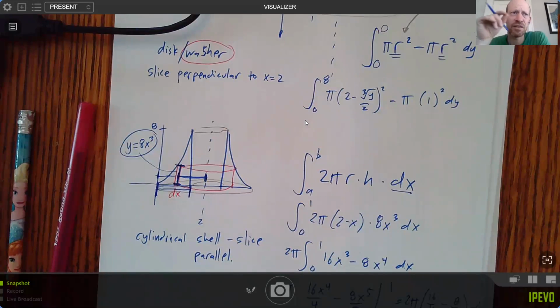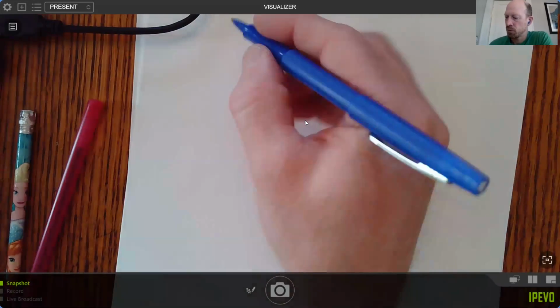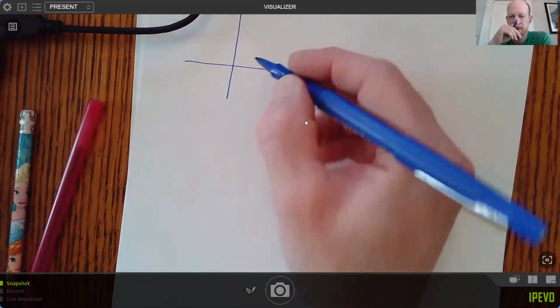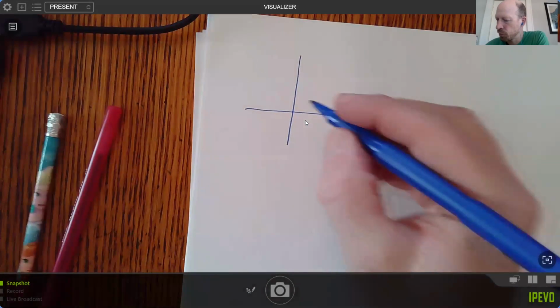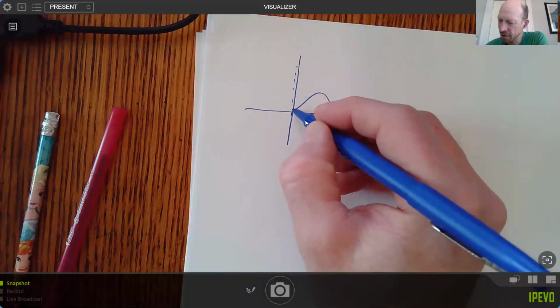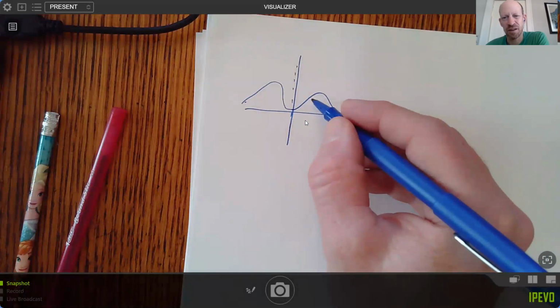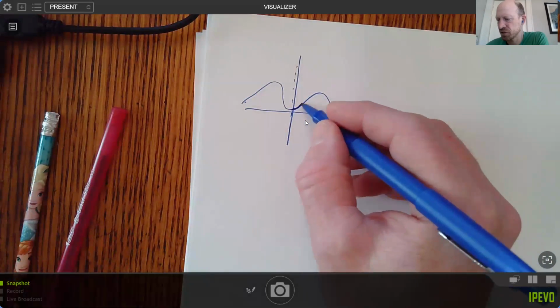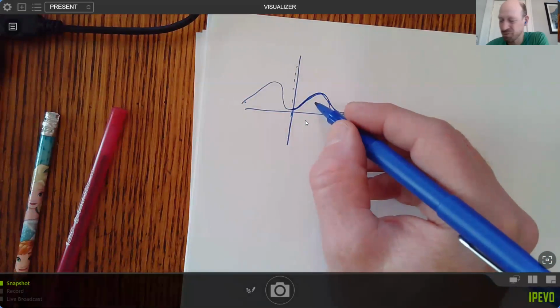The second piece is looking at your curve. The example that we saw on Tuesday was a curve that looked something like this, right? And I rotated around this axis. This one's really hard to slice horizontally because the function is both the top and the bottom, and I don't love that, right?